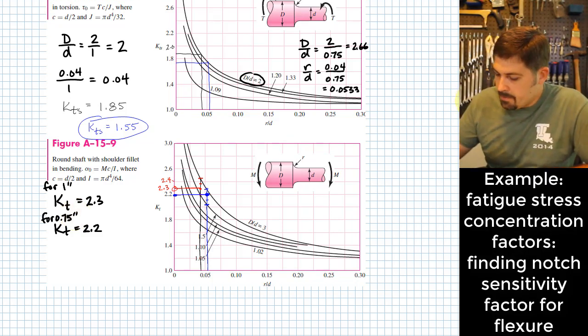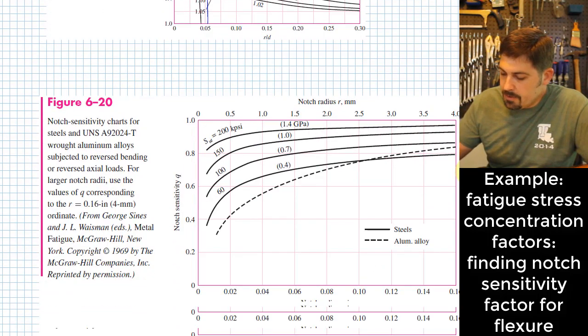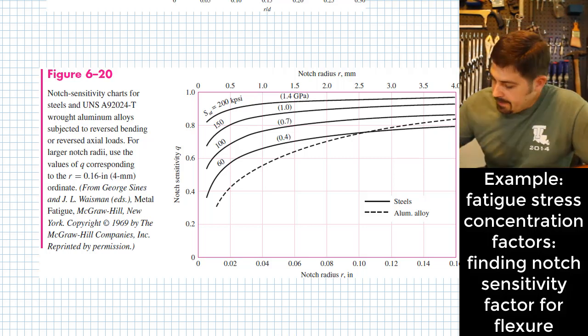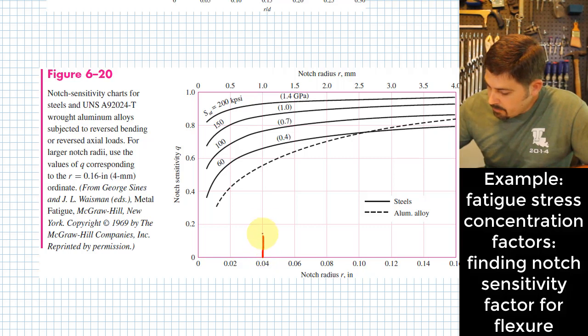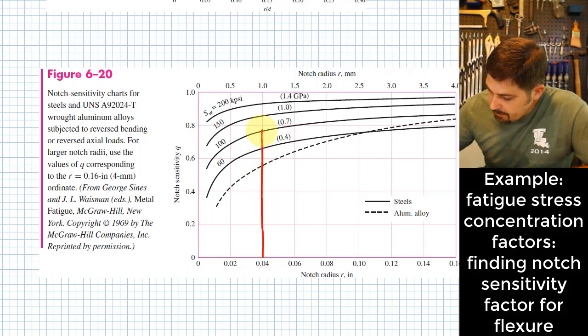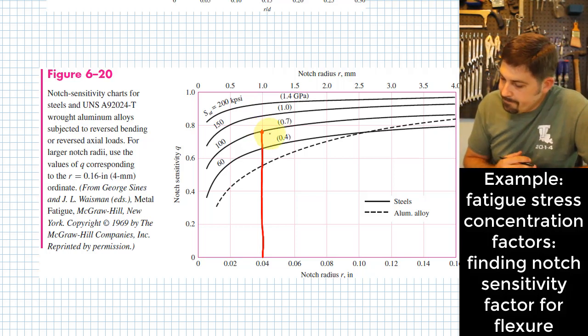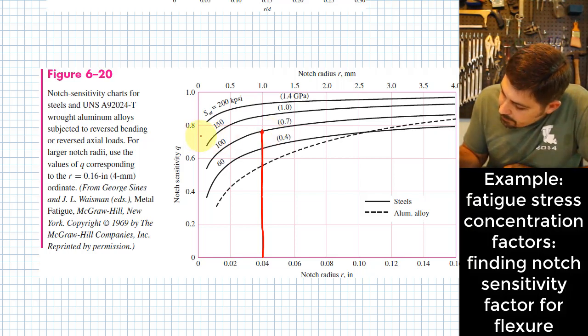Well, it's very similar to what we did before. We go to the notch sensitivity chart that we have right here, and we're going to look at a notch radius value of 0.04, and we'll read right up to where, it might be a little bit below that 100. Okay, and we'll read over.